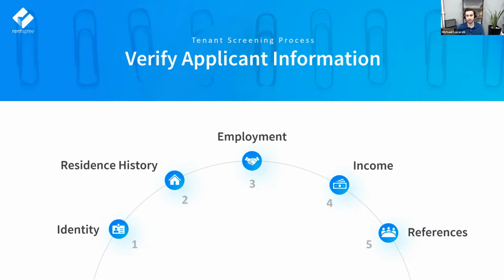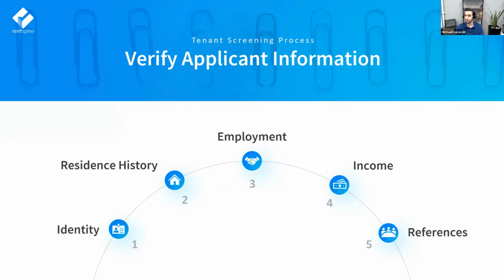Their current landlord is not as likely to give you a true picture of the applicant, because that current landlord might just want that renter to get out of their property. So it can be a little bit more helpful in certain cases to make sure that you get into contact with the previous landlord, because this is an individual who does not have a vested interest in the outcome of your rental decision. And so they could be more likely to give you an accurate picture of the applicant.